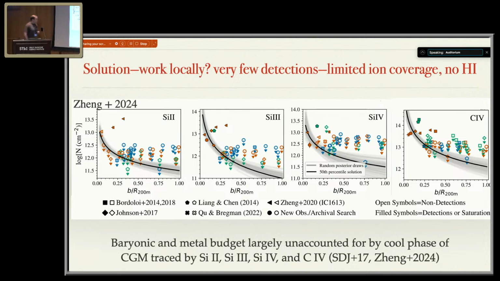As I showed in 2017, and Yong showed with much better statistics, the CGM traced by silicon-2, 3, 4, and carbon-4 represents a relatively small fraction of the metal budget of these dwarf galaxies, which is, at least to me, a surprising result, because these are low-mass systems, they have low virial temperatures, and so at least naively, I was expecting the low ions to dominate.